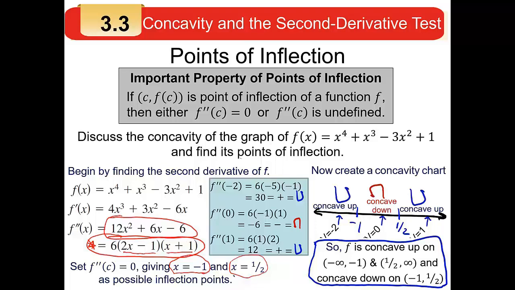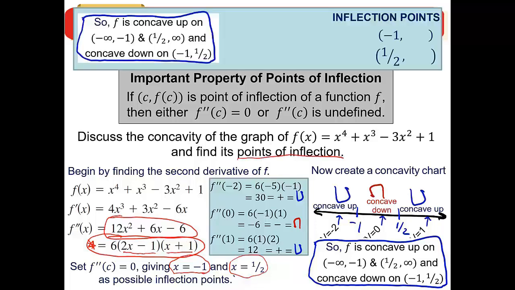It also says now to find the points of inflection. Those are just x, y coordinates. You already know the x coordinates: you're going to be looking at -1 and 1/2, because those numbers came from setting the second derivative equal to 0. Because it's a polynomial, there aren't any places where the second derivative is undefined. So it just comes down to finding y values.